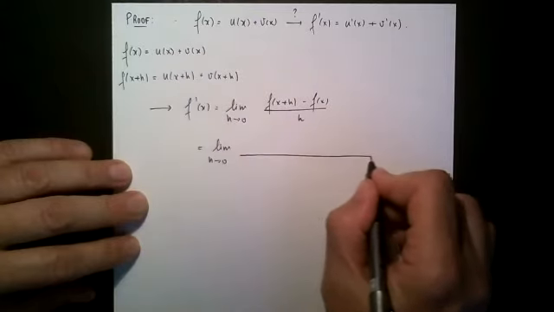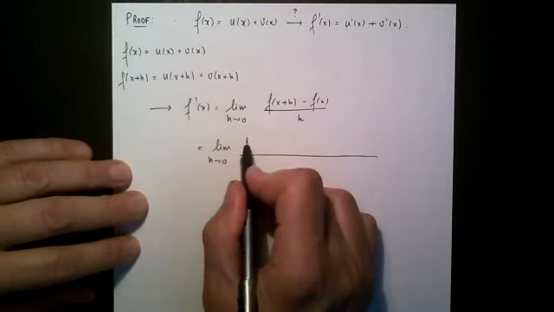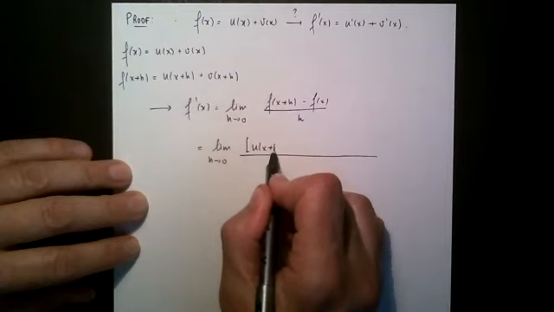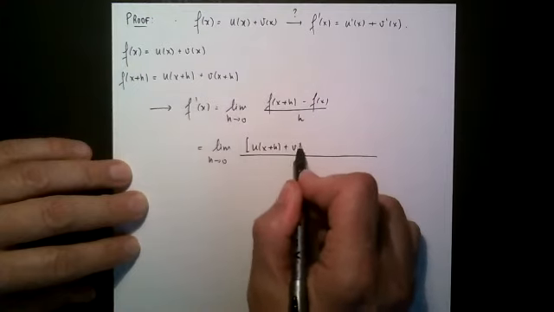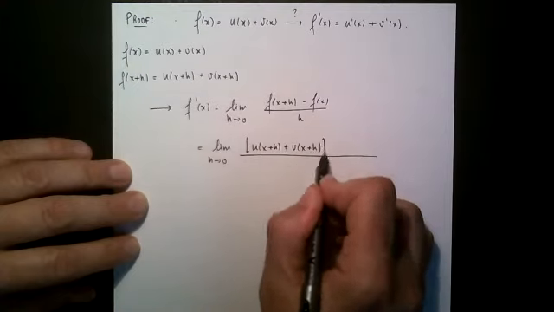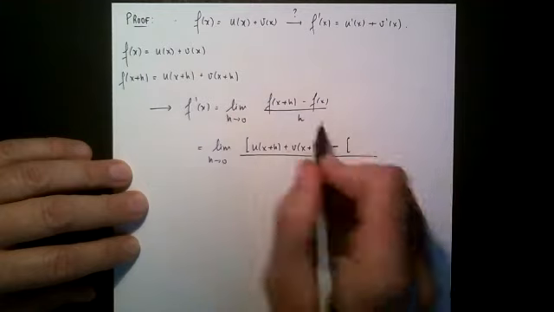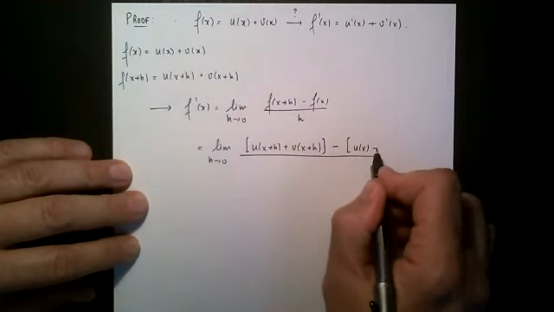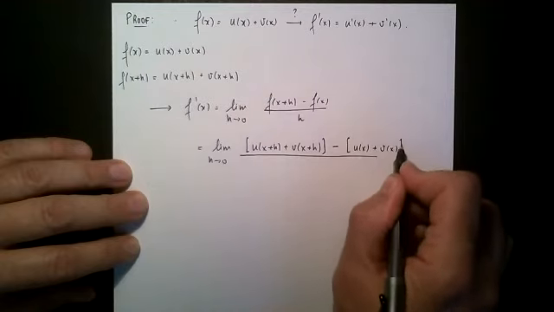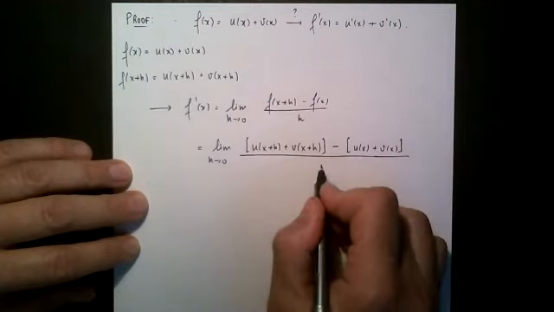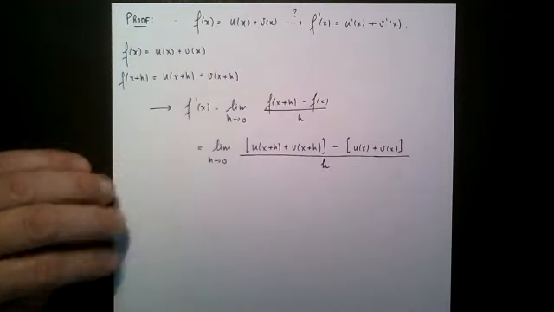So here we go. f of x plus h is u of x plus h plus v of x plus h minus, and then f of x, which is u of x plus v of x. And all this over h.